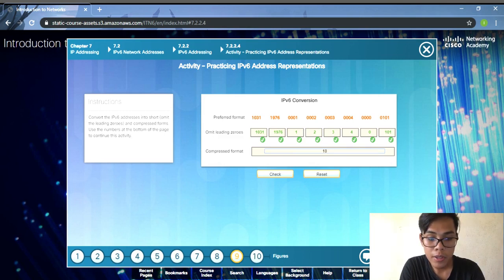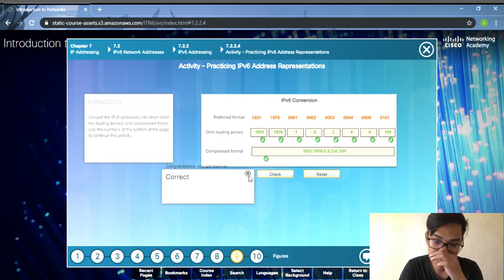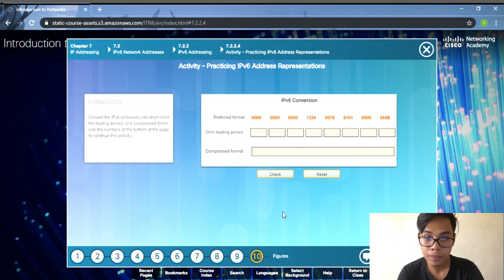Now let's compress. 131, 1976, 1, 2, 3, 4, and 0 and 1, 0, 1. Let's check. It's wrong. I always forget to eliminate that 0 in compressing it.